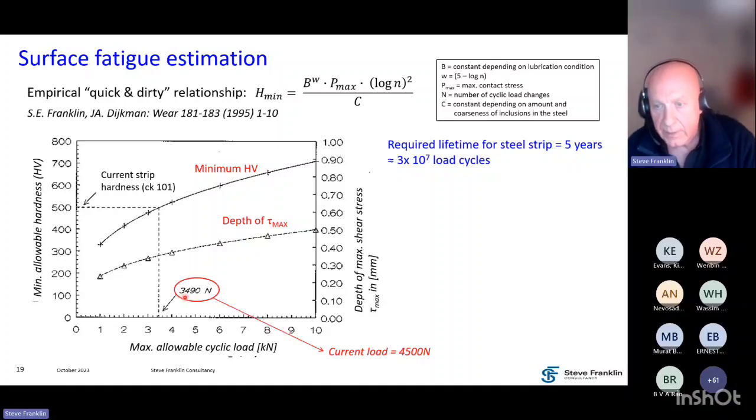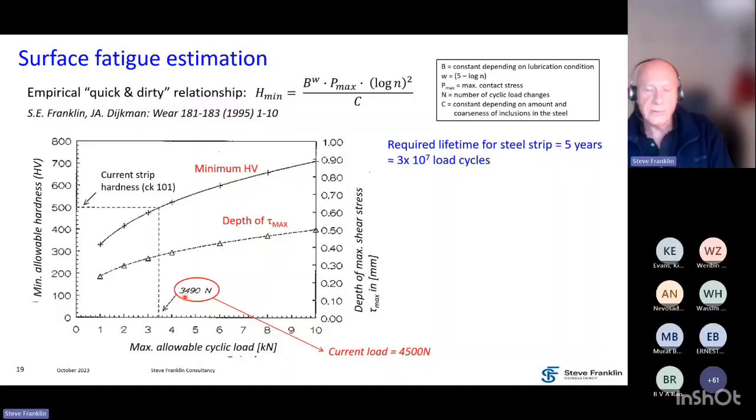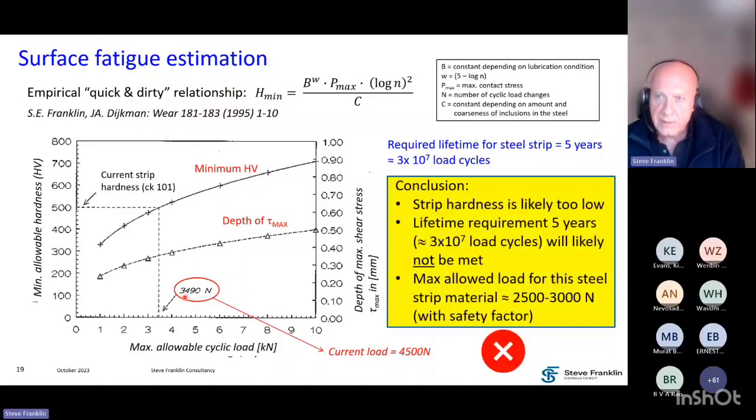And in fact, we have 4.5 kilonewtons. So this means that this is not good. So the strip hardness is likely to be too low in this case, and it means that the lifetime requirement of 5 years will likely not be met.